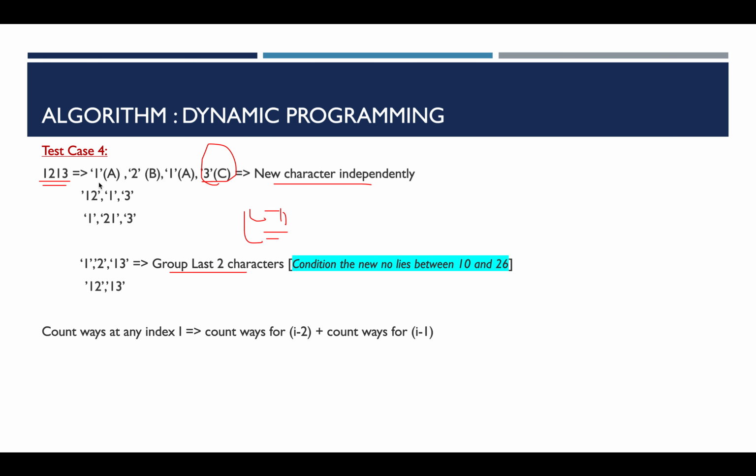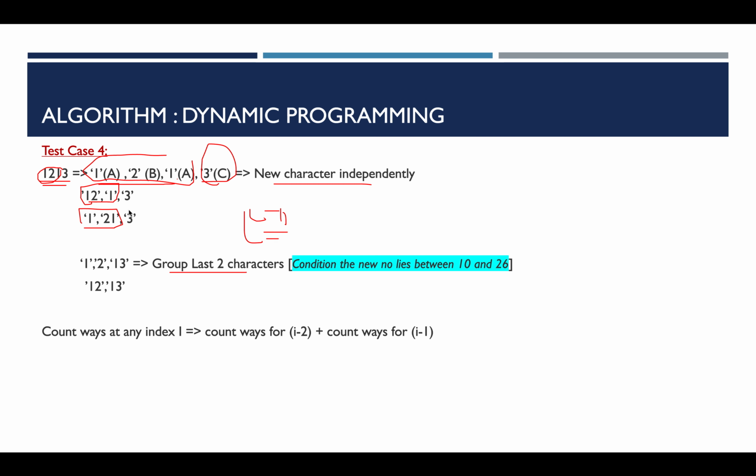So 121, all the possible permutations for 121. Let's look at them first. 1, 2, 1, 3 is one scenario. The other one is 2, 1, 1, and the third scenario is 12 comma 1 and 1 comma 21.